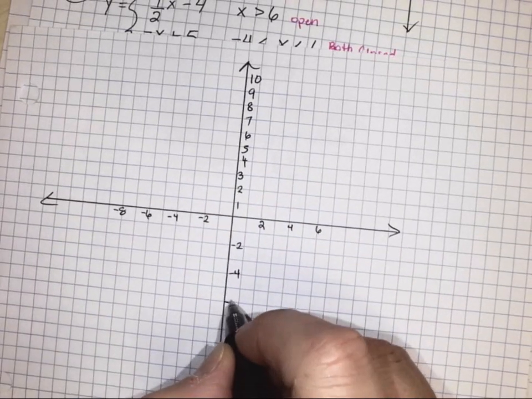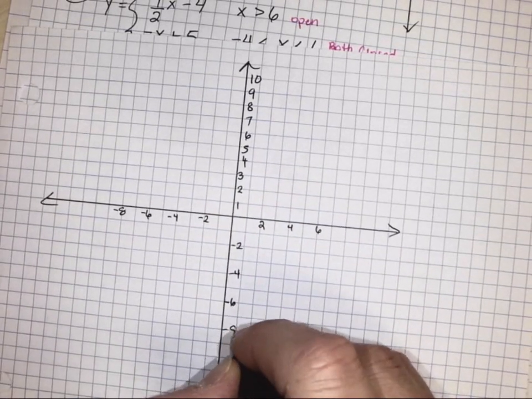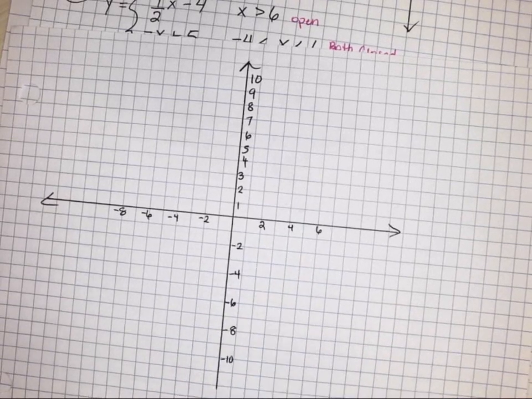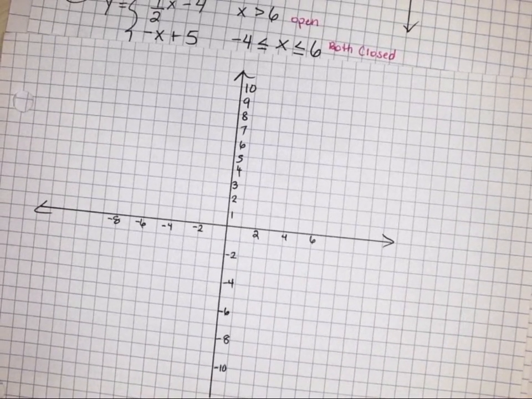I'm still going by ones, but I'm just going to label every other number to make it a little bit easier to see.